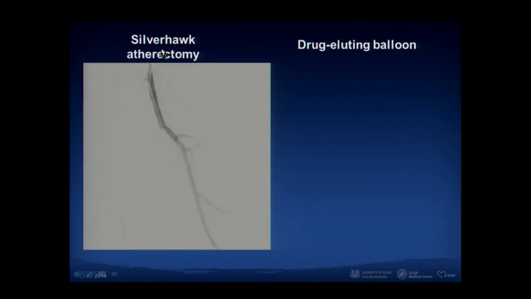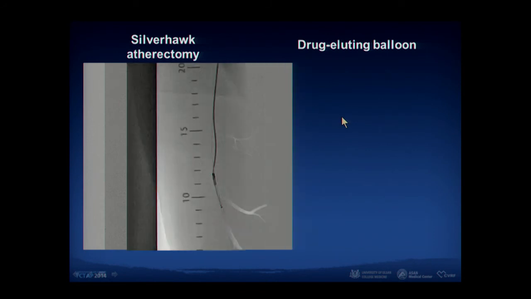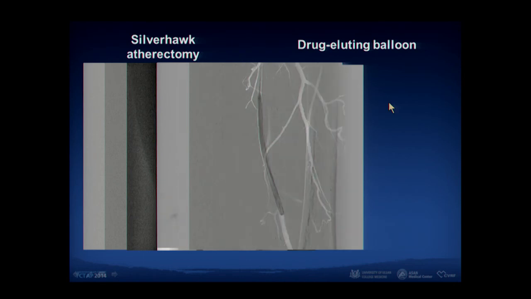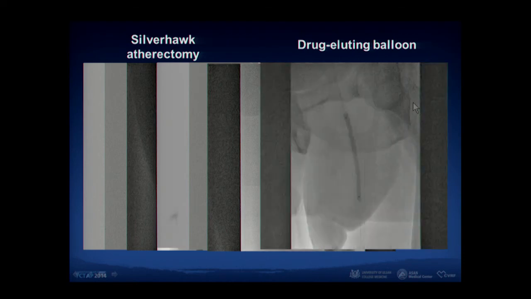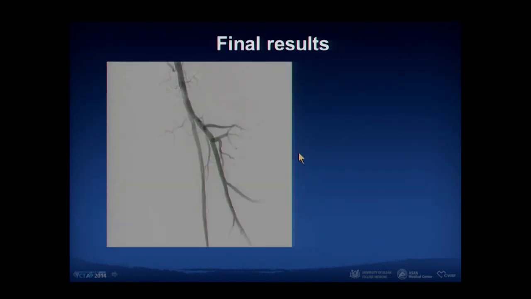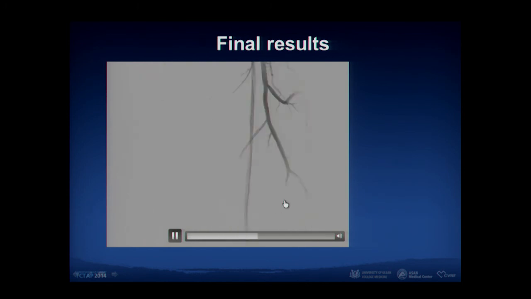So Silverhawk atherectomy was done several times. And then this is post atherectomy. There was some dissection. However, we wanted to prevent restenosis, so I applied the DCB, because this patient has had 2 recurrent restenoses. DCB was applied, so we could make a good result like this.